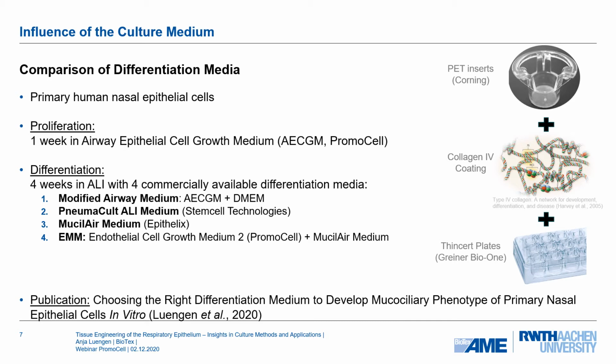Modified airway medium was made of AECGM and DMEM. Pneumacult ALI medium and MucilAir medium are ready-to-use media that are available on the market. And EMM was a mixture previously published by our institute consisting of endothelial cell growth medium 2 and MucilAir medium.